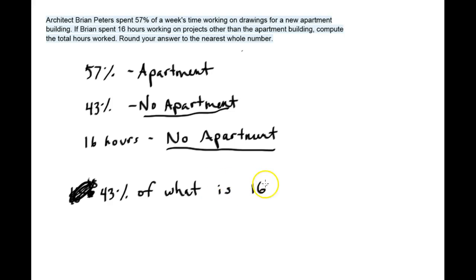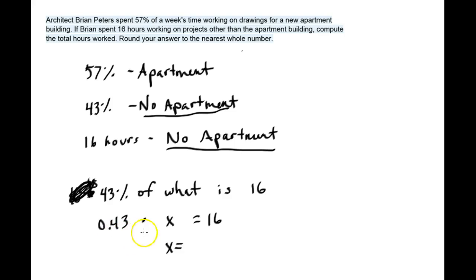It's one of those type of problems. So we would just convert this into decimal, and of means multiply, and what means our variable is 16. And then from here we would just find x.